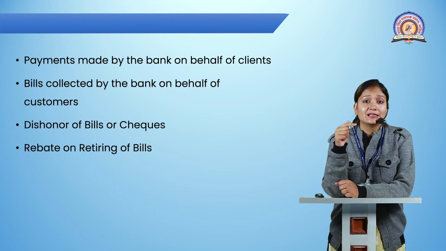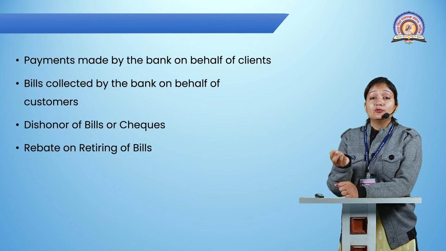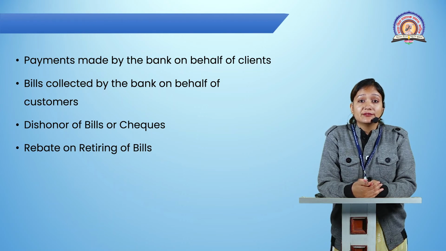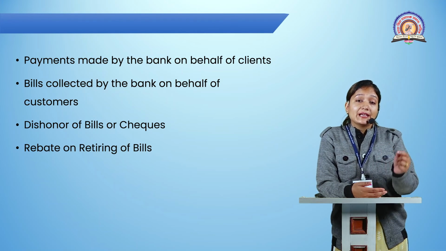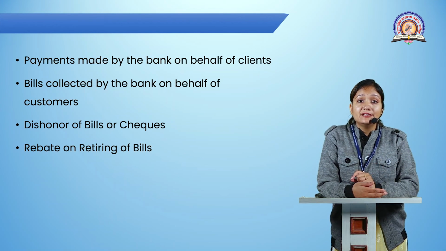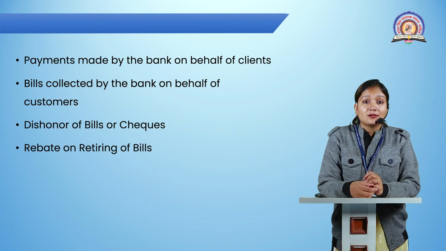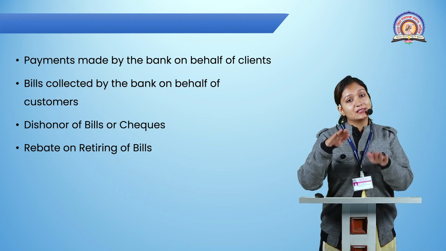Now, if before that 31st December I make all the payment to my bank, that is, I am paying before the maturity, the bank gives me certain incentives on that, because I am doing a payment before the maturity. So when the bank gives certain incentives, that is known as an amount of rebate, and that is going to be credited in the passbook. So your passbook balance will go up, but your cash book balance is down, and that is the difference between passbook and cash book.